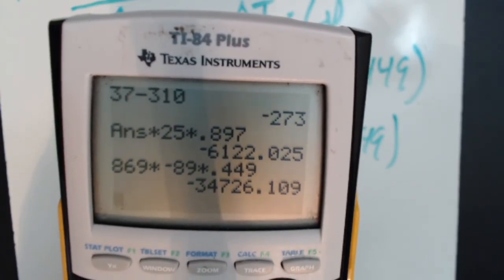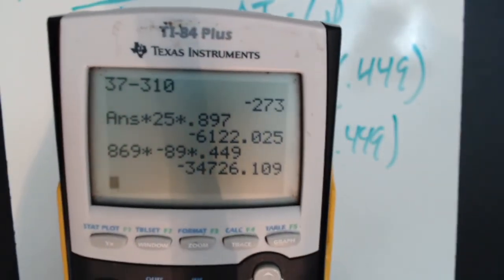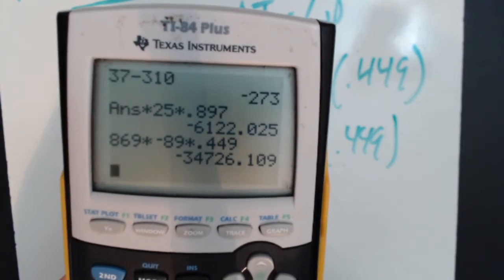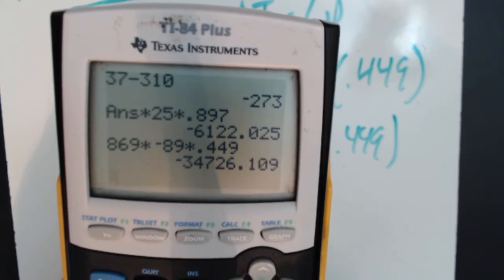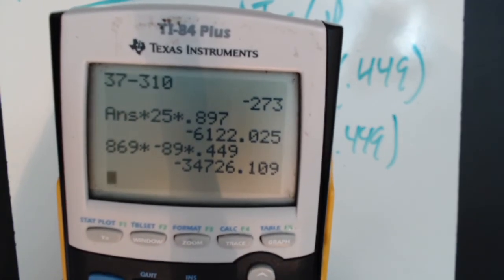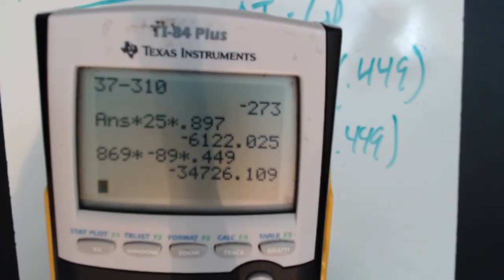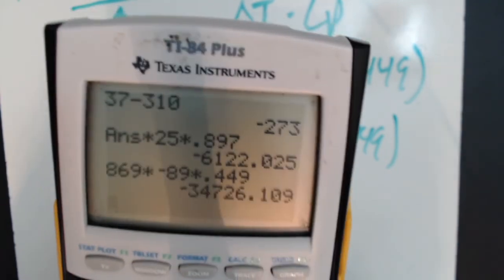Negative 34,726. Now this is why we'll sometimes use kilojoules, because when we're talking about a joule, it's really not that much energy. This is not a huge mass of iron, and the temperature change is not extremely large, but it's releasing 34,000 joules of energy.